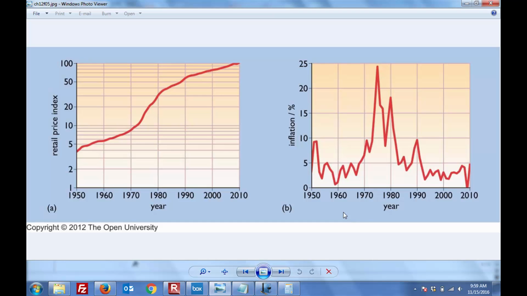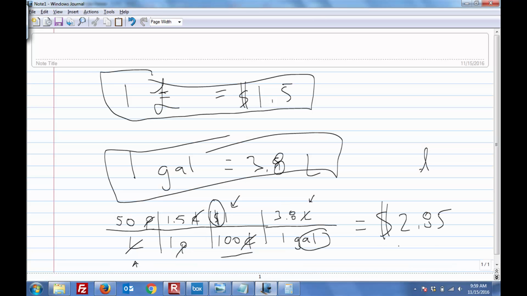The period of high inflation between 1973, right there, and 1984, right there, can clearly be seen. So let's just look at this from a mathematical standpoint and compare these two charts, because it's essentially the same information, just plotted in two different ways.